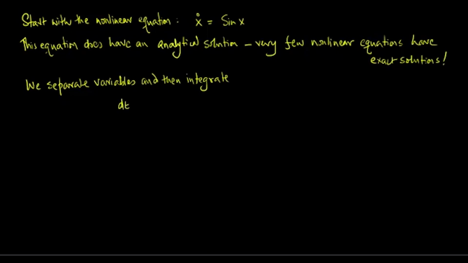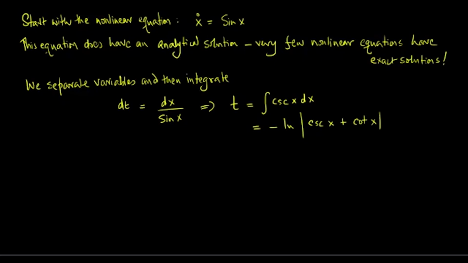So dt is equal to dx by sine x, which gives us t is equal to the integral of cosecant of x dx. Evaluating this integral, we get minus log of cosecant of x plus the cotangent of x plus a constant. We suggest that you look this integral up.